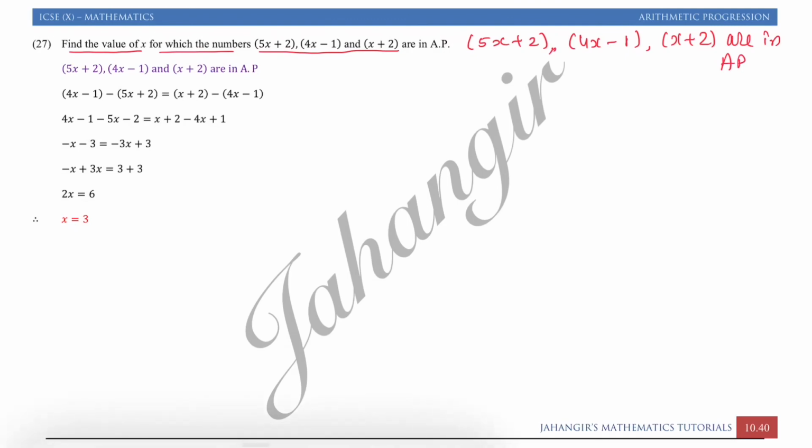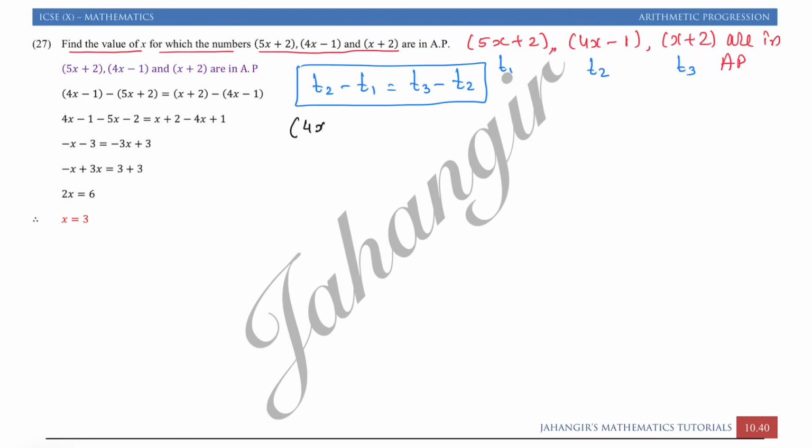So we can say the first term is T1, the second term is T2, and the third term is T3. As per the properties of arithmetic progression, T2 minus T1 is equal to T3 minus T2. This is the property of arithmetic progression: the difference between consecutive terms is always the same. So we will use that same property to find the value of unknown x.